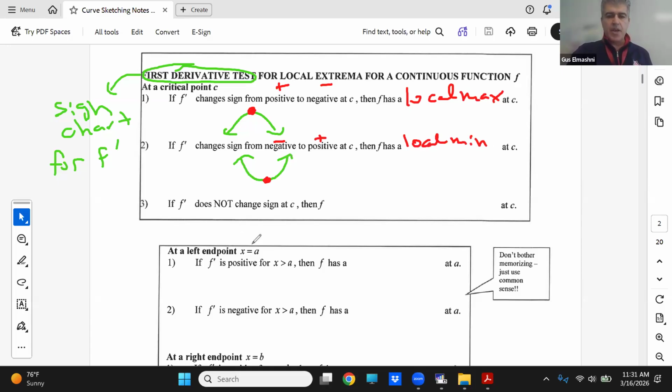And if F prime does not change sign, it kind of looks like this. So like a snake or serpentine kind of a situation here. Then F has neither local max nor min.